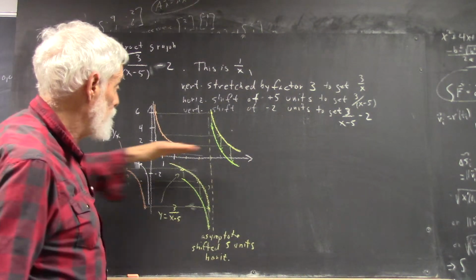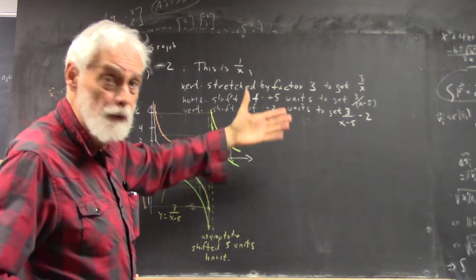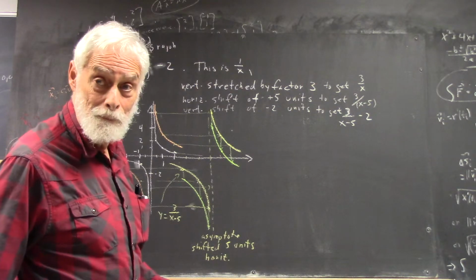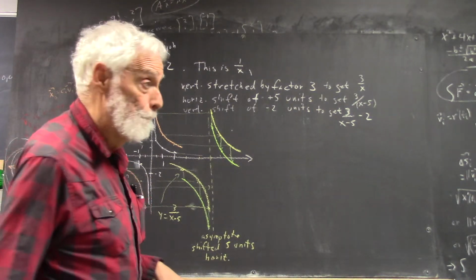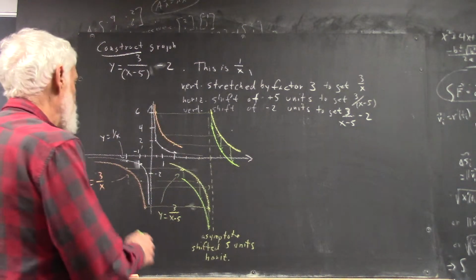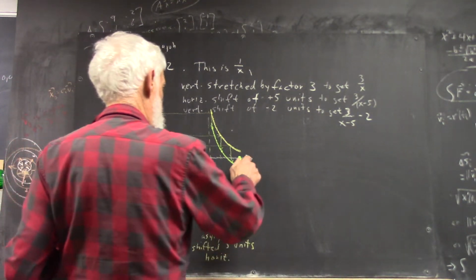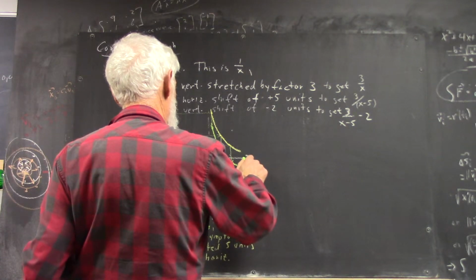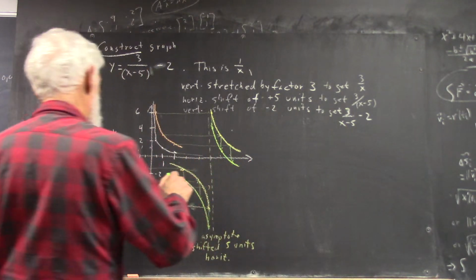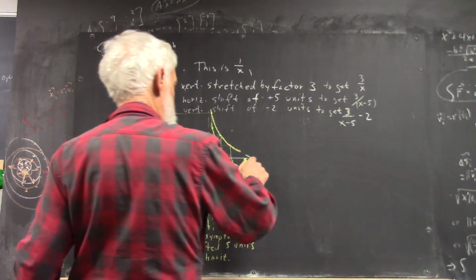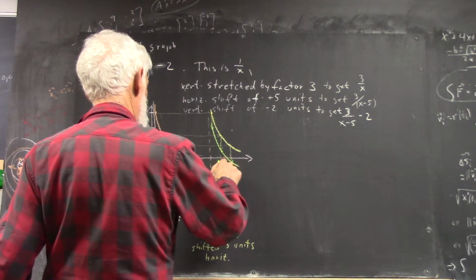And horizontally shifting just shifts the x-axis over, still the x-axis, right? But now I shift 2 units down, so I should go ahead and shift my horizontal asymptote, my x-axis, 2 units down. I'm just trying to figure out a good place to do that. I guess I'll do that here.